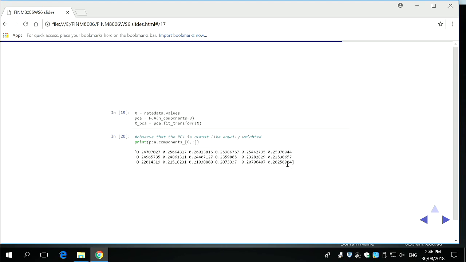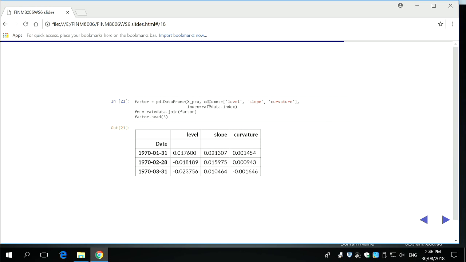So that's why this first vector is sometimes called the level vector by people. Why is it called the level vector? Because this is applied equally to the short rates and to the long rates. So short and long rates will both increase or both decrease almost the same when this factor changes. Okay, so that's the first thing we can observe.